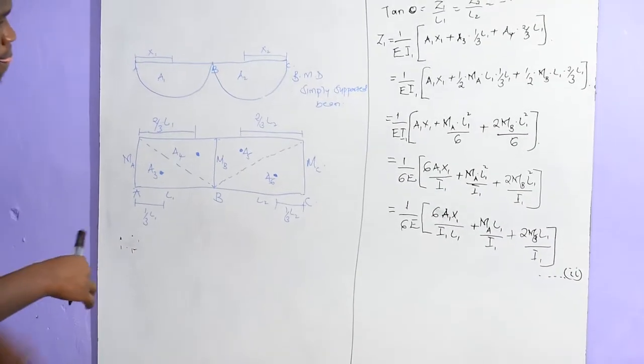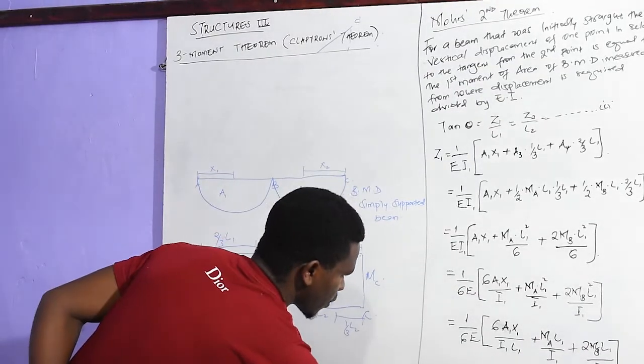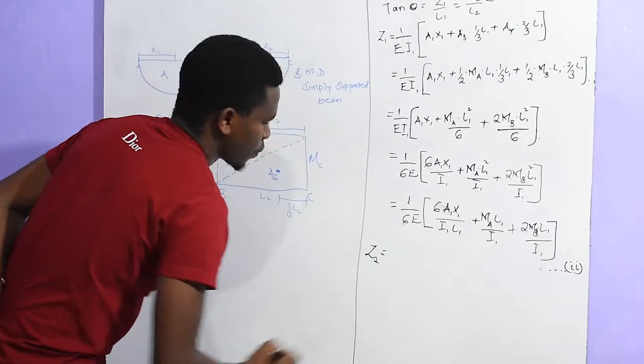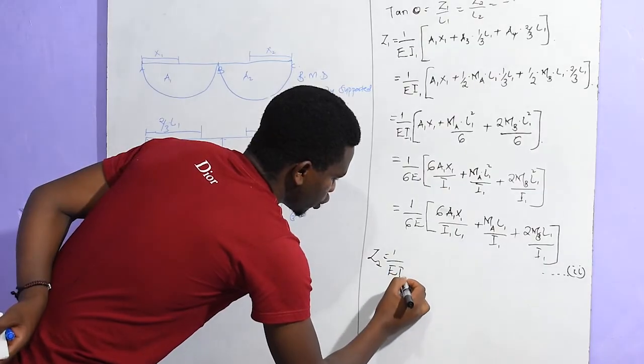So from there, we come to this one. It will be given by Z2 equals 1 over EI2.